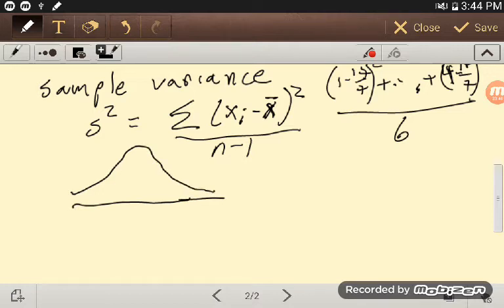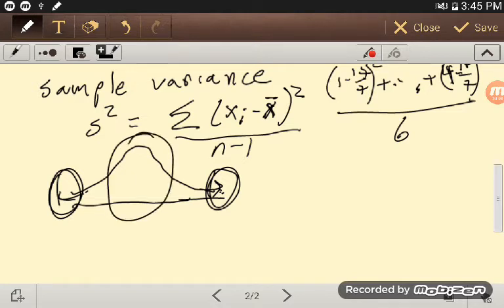I'm trying to estimate this spread out here, but what we know from looking at this distribution, this histogram, is that getting data from out here is going to be rare. This doesn't happen as often. The frequency is much lower out here. And so we're going to get mostly data from in here.